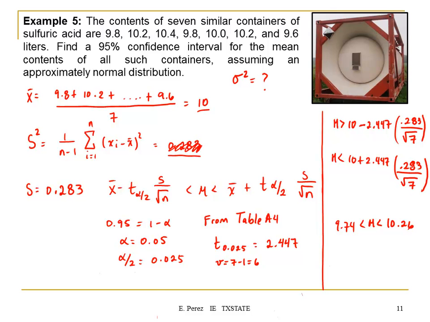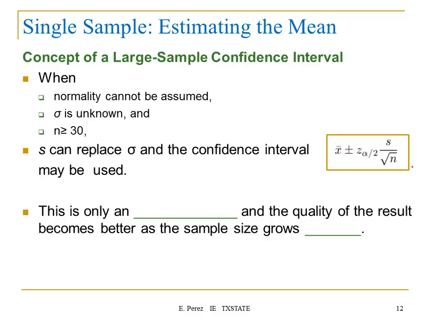Questions? Okay. So now we're going to explain another concept about confidence intervals, and this is the concept of a large sample confidence interval. When normality cannot be assumed, the standard deviation of the population is unknown, and the size of your sample is greater than 30, then you can replace the standard deviation of the population with the standard deviation of the sample.